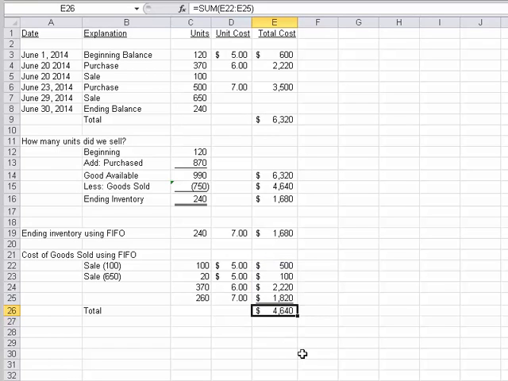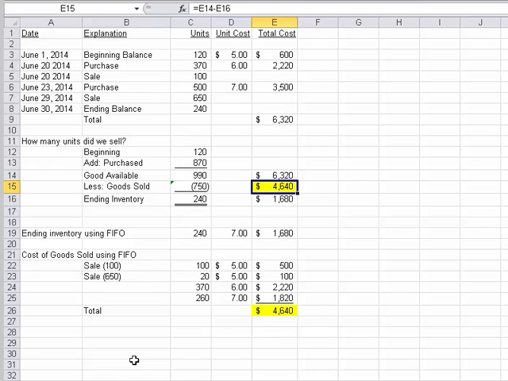I get 4,640. That's my total cost of goods sold. Now I know that's right because we also forced it here above, right? So because that number equals that number, we've now seen two methods to come up with that number. And again, I think the easiest way is compute the ending inventory and the goods available and just force the difference. But you can just get it directly if you needed to.